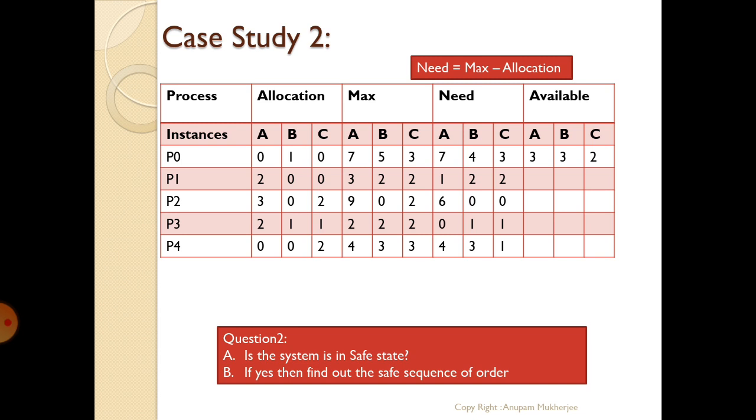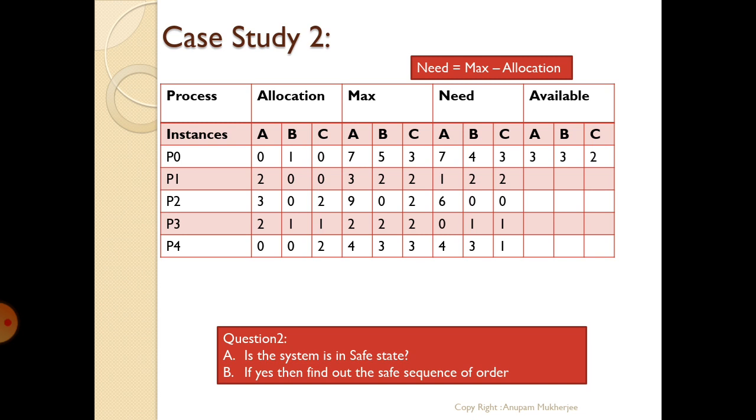So here we will form the need matrix. You will check it very minutely that for process P0 the max of instance A is 7 and the allocation of A is 0, so 7 minus 0, the need of instance A is 7.